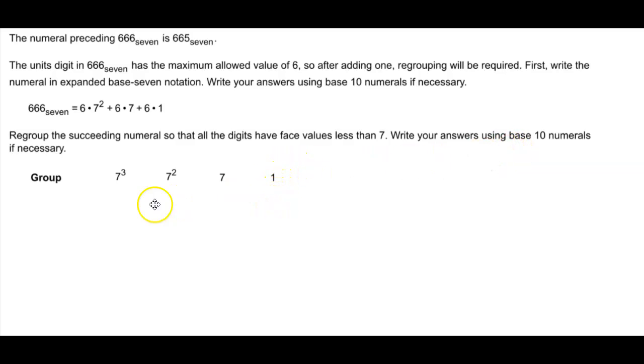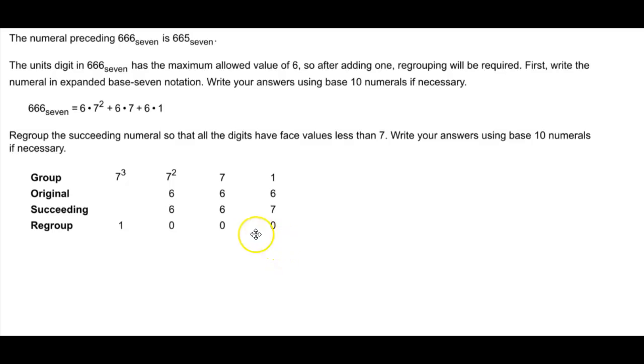So here's your group. 7 to the third, 7 squared, 7, and then 1. Now the original, we have a 0 here. We have a 6 in the 7 squared, 6 for the 7 and 6 in the 1s. Now succeeding, we're going to get 6, 6, and then this becomes a 7.